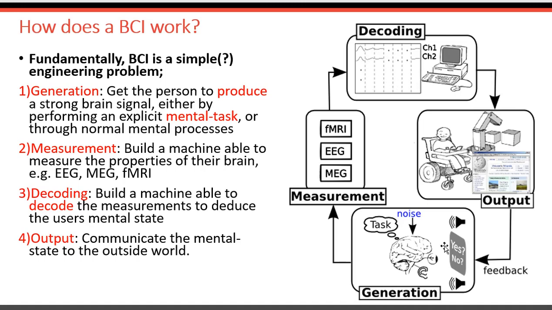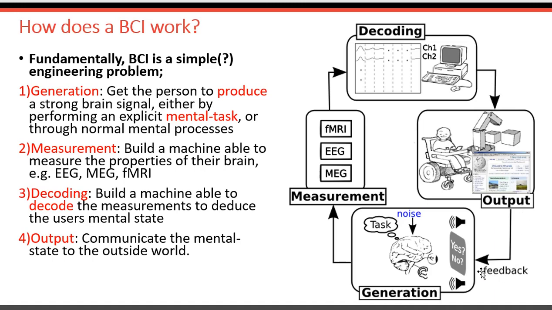To infer the mental state of the participant so that we can use it to output some control or communication signals. For instance, with a computer application, it could be translated as moving the cursor in XYZ directions or generating a control signal to move the robot arm in some given direction.